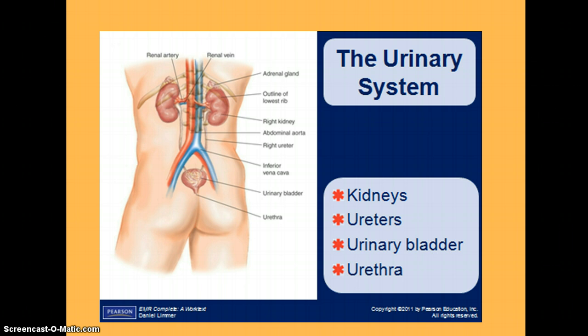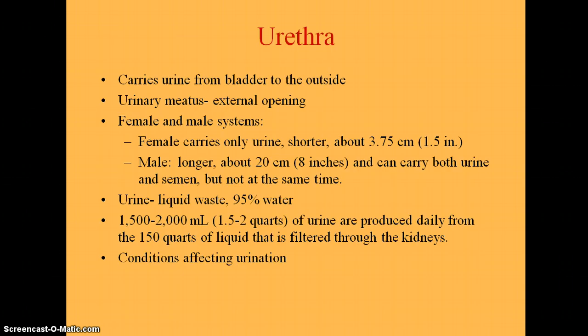Next thing we'll talk about is the urethra, which is the tube that carries the urine from the bladder to the outside. That external opening to the outside is called the urinary meatus. Now, the urethra is different in females and males.